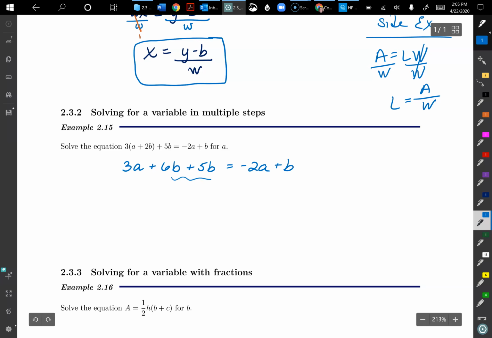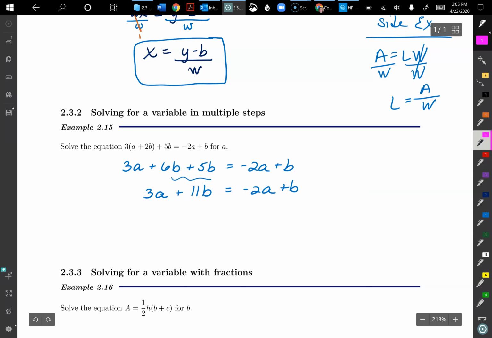We want to combine any like terms that we can. So we do happen to have the 6b plus 5b will be 11b. And now we want to get our a's to one side.